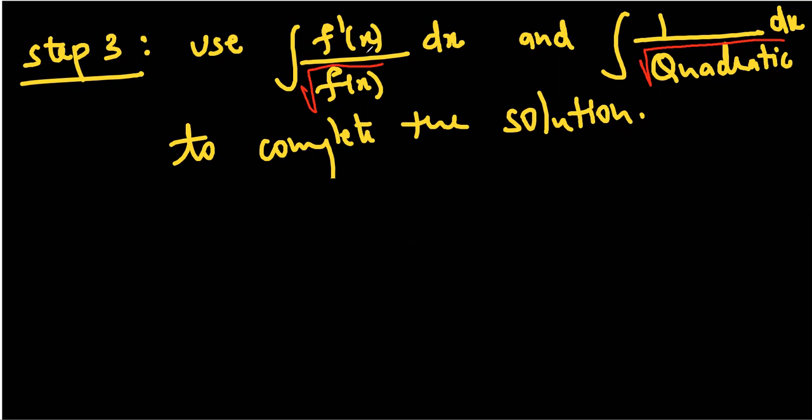If you remember the earlier type, we had got f dash x upon f of x, because the square root was not there. And we had got 1 upon quadratic in the previous type. But this time we are going to get it with the square root. So let's take a problem and you will understand it very well. Everything is almost going to be the same.